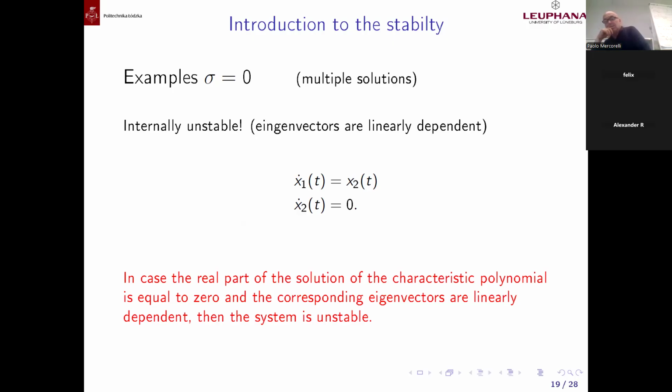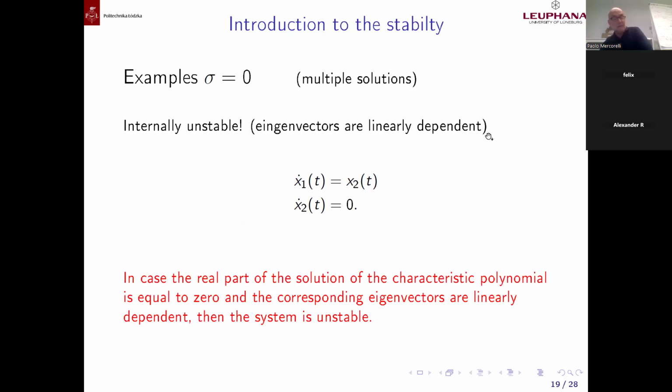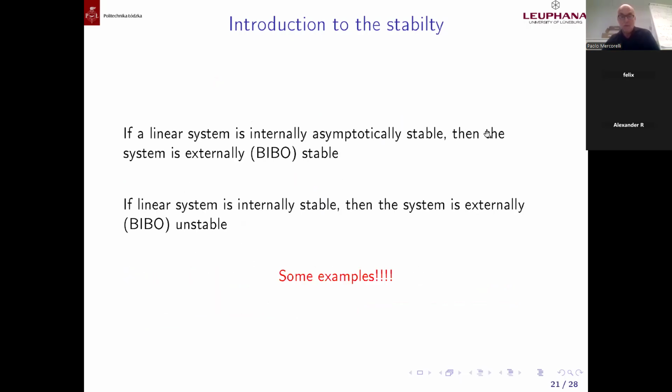Why is the system, in your opinion, for instance, not stable, unstable? As I told you, in case of a single solution, the system is stable, but not asymptotically stable. Here, sigma equals 0, but we have a multiple solution. This means I will calculate for you this case, both cases if you want.